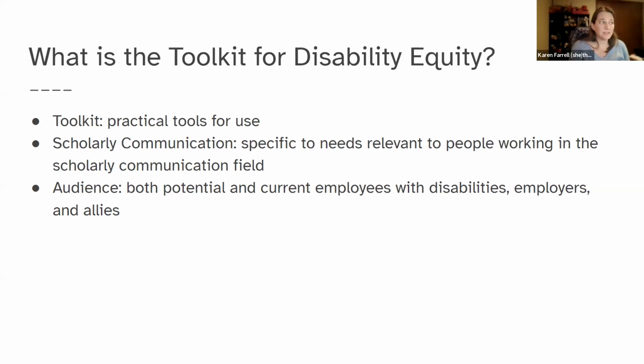So the toolkit for disability equity specifically is built on an open monograph publishing site, which Erin is going to show you in real life in just a few minutes here. But essentially what we wanted to do was develop something that was practical. So our hope is that this is something that can actually provide answers to people as they need them.